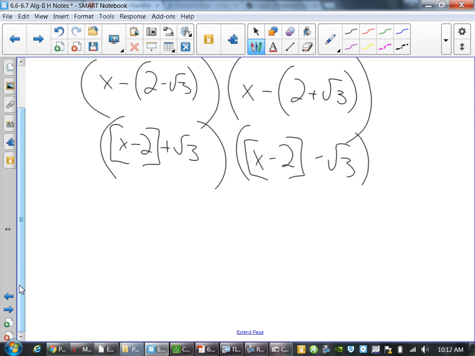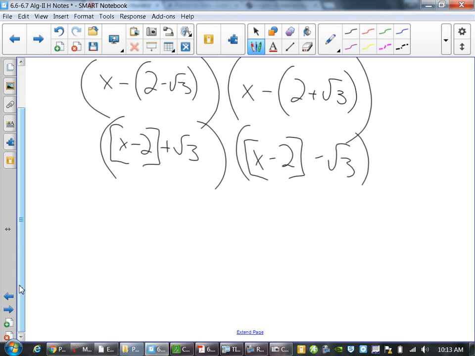Why do you typically have to distribute the negative? I see what you're saying. What we're doing here is setting up the generic rule. If you have a 0, the term is always x minus the 0.